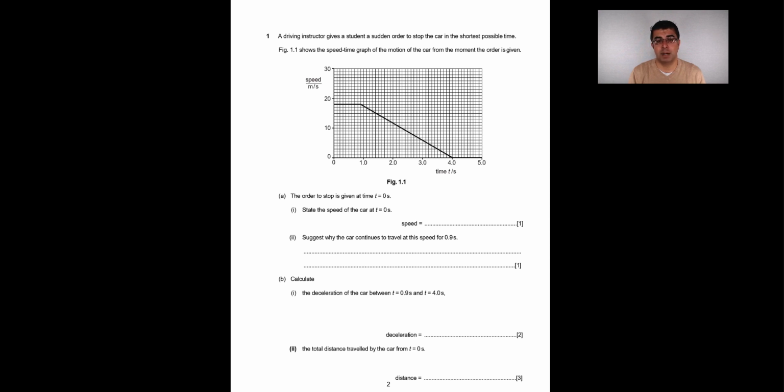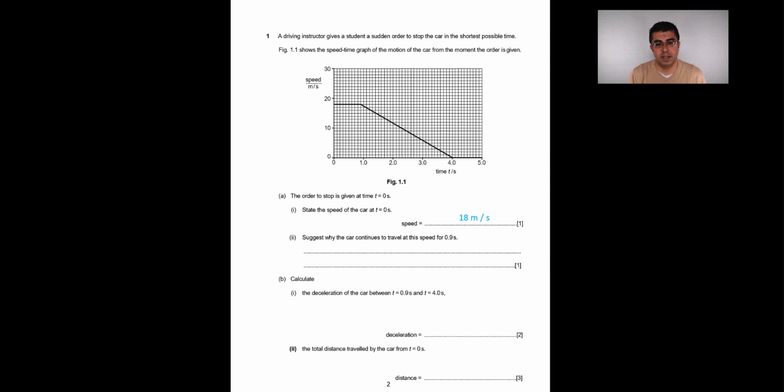Now here the examiner's making it quite clear that the order to stop the car was given at the very beginning of this graph. State the speed of the car at time t equals 0. Well, I hope after reading you can get quite easily that the answer is going to be 18 meters per second.